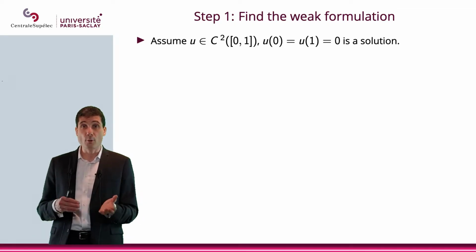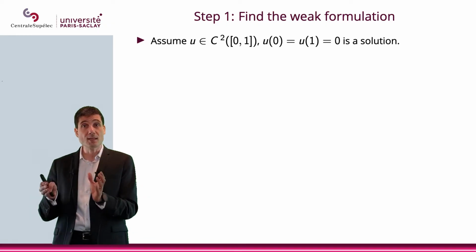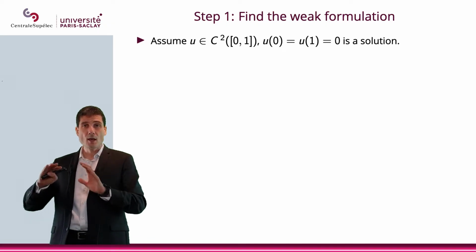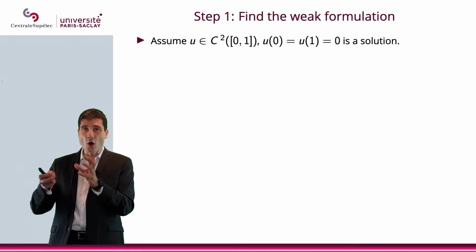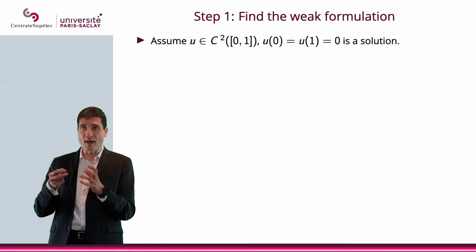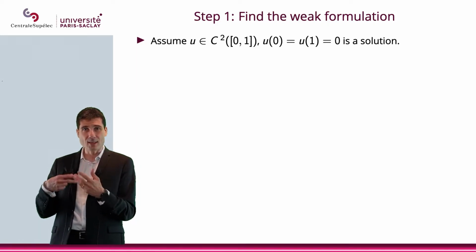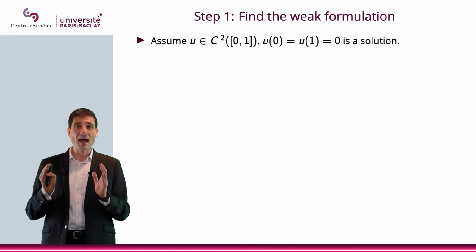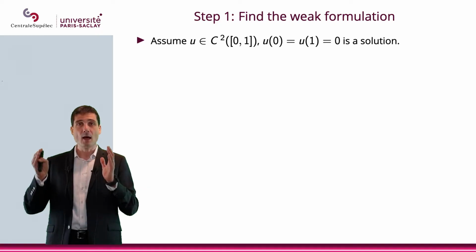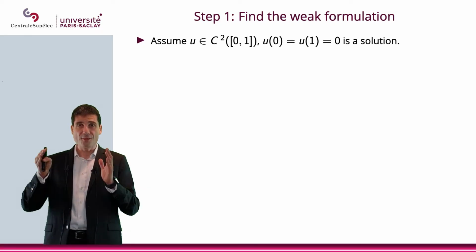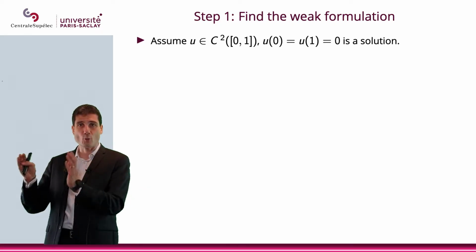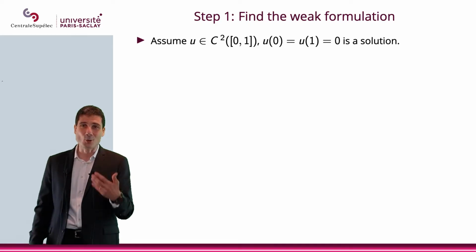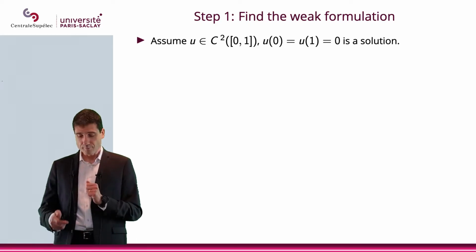You don't know if u is in C2. So you assume u is in C2 just in the first step so you can see what equations will come out and how you can set up your proof. So really, step one is a preliminary discussion that takes place on your draft paper, not necessarily in your actual proof.